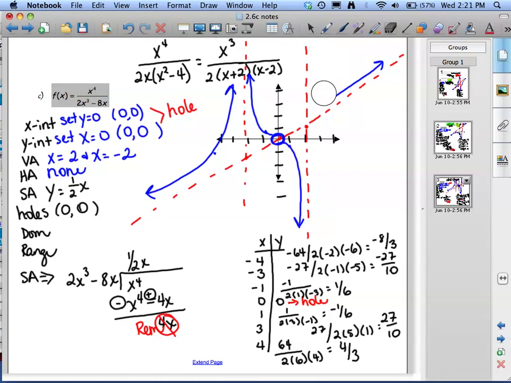I don't know if this was here. Let me look here again. Oh, that's my problem. This is a 2. Makes sense, right? This ends up being 8/3.